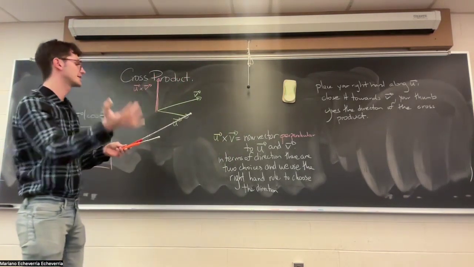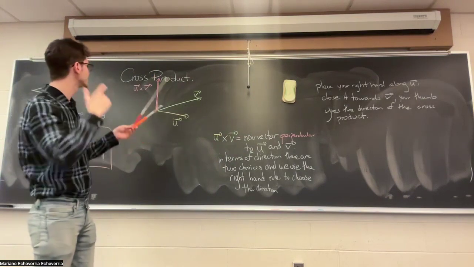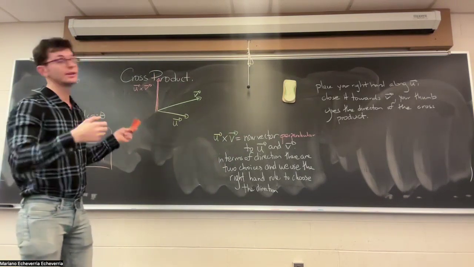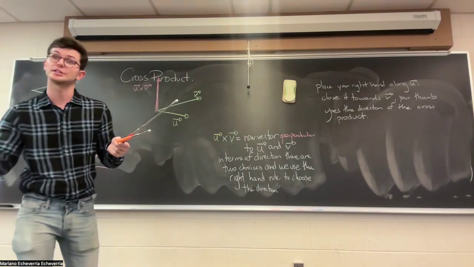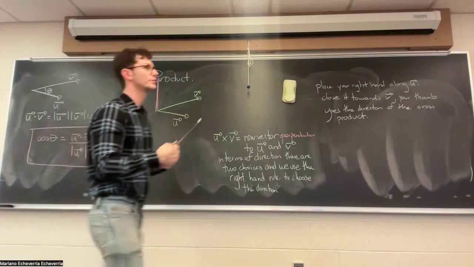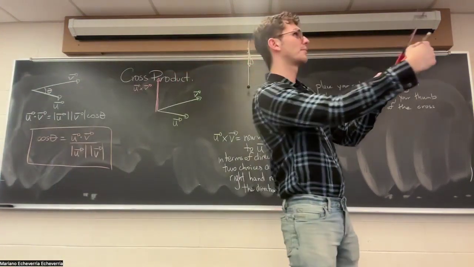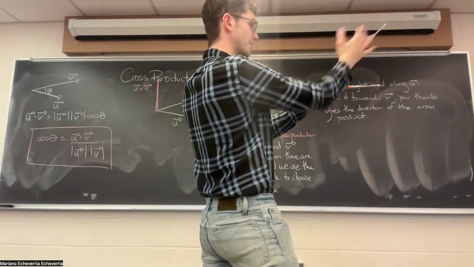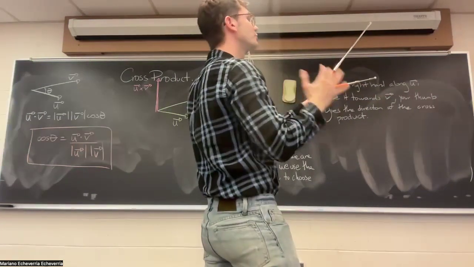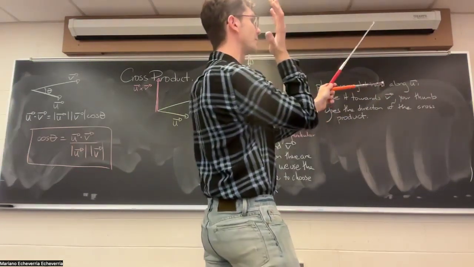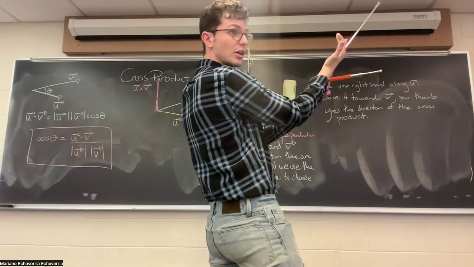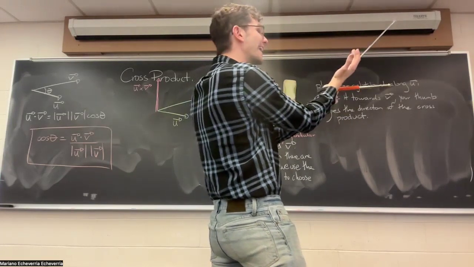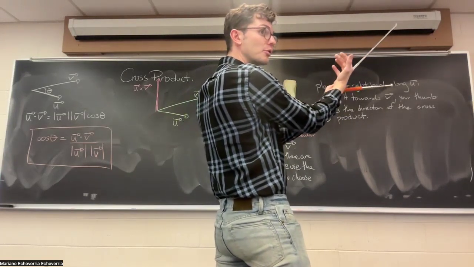It's important to think about whether this would be different from V cross U. So let's think about what V cross U should be, with these concrete pointers. If I'm going to do V cross U, now I have to place my right hand on V, which is the longer vector here, and I have to close my hand towards U.